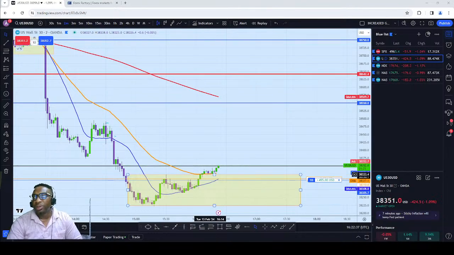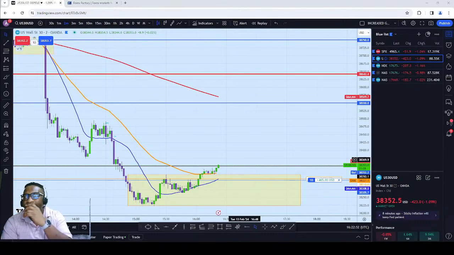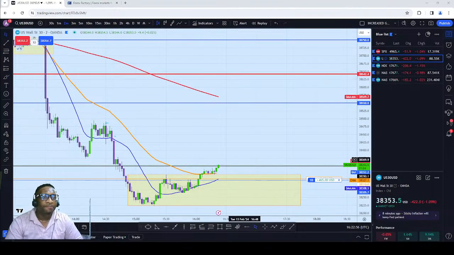But on TradingView, the 38550 happens to be above. That's a bit strange. It should all be the same, so I don't know why that is.